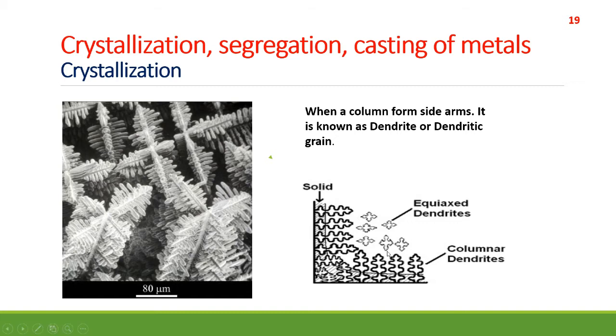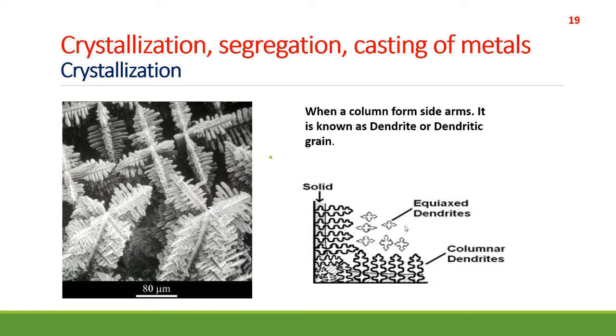So here you see at the center these are equiaxed grains. That means they are equal in size and shape, but they have some spikes or arms, so they are equiaxed dendrites or dendritic grains.